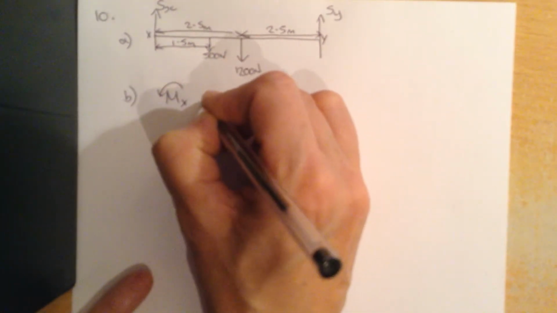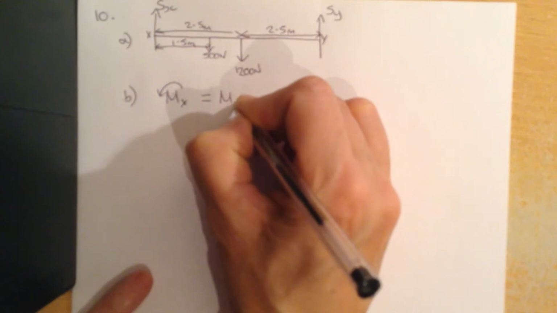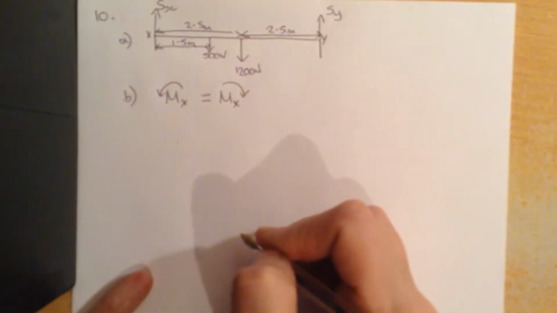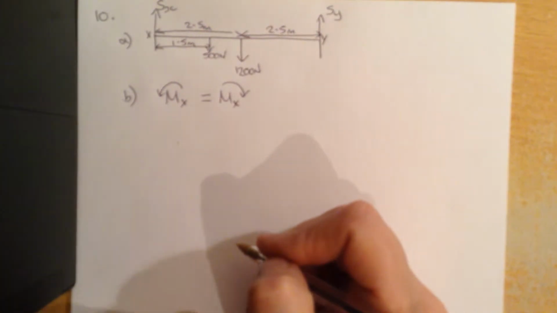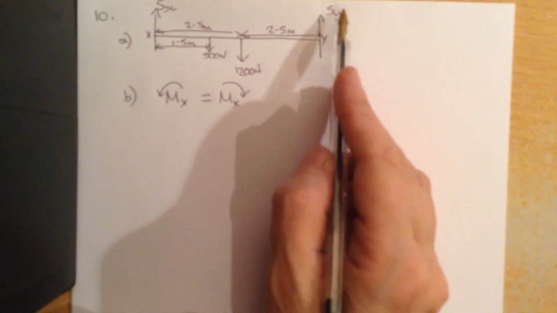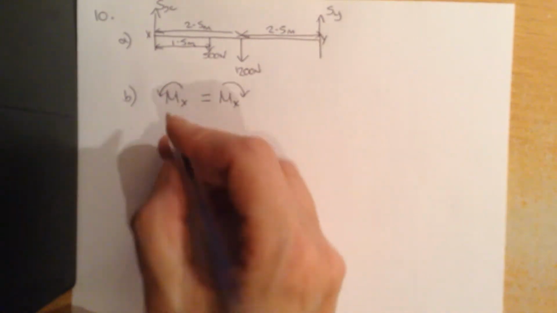So the clockwise moments about X are going to be equal to the anti-clockwise moment. So that would be, well, the clockwise moment must be the support force SY.